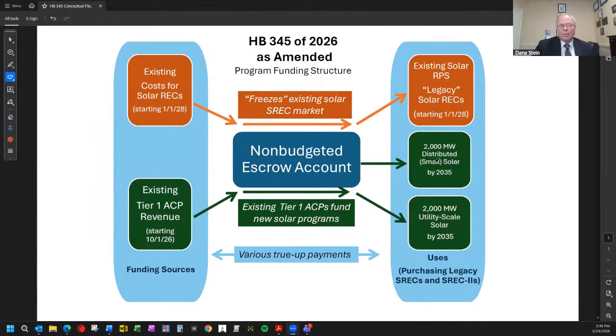Okay. What about the other tier 1 RPS goals? They are not changed. So the offshore wind stays what it is, which is again only paid for if the turbines are spinning and creating electrons.